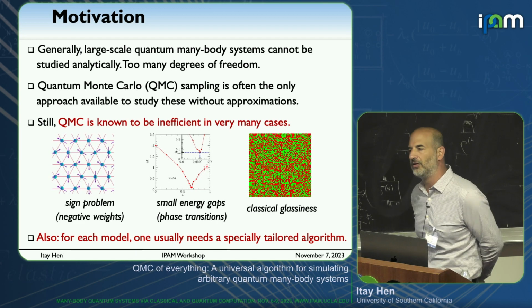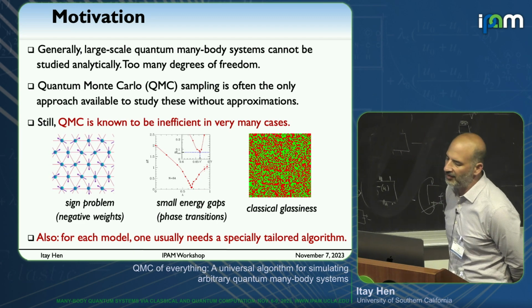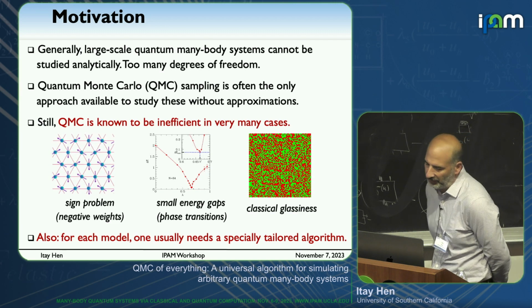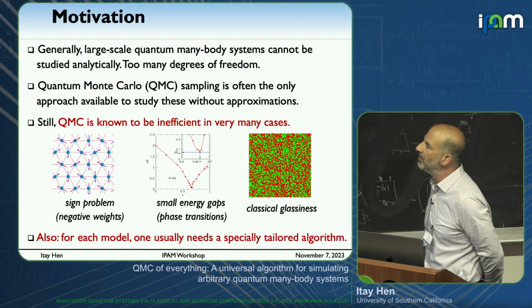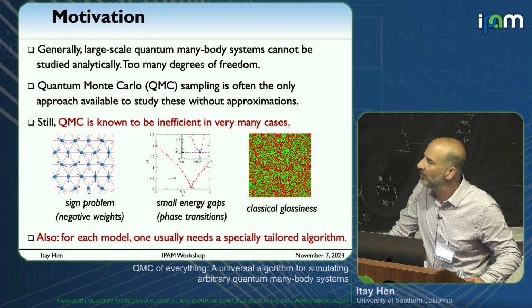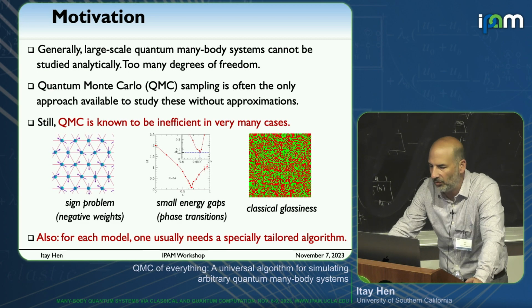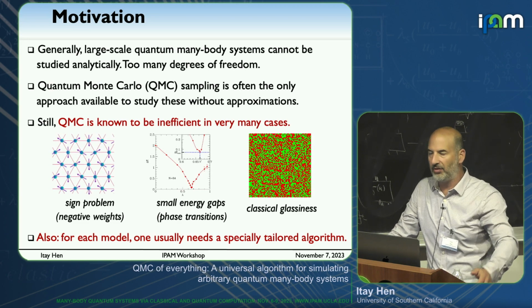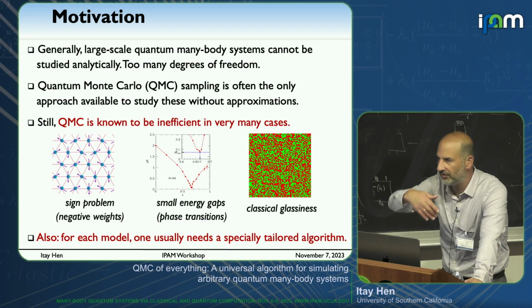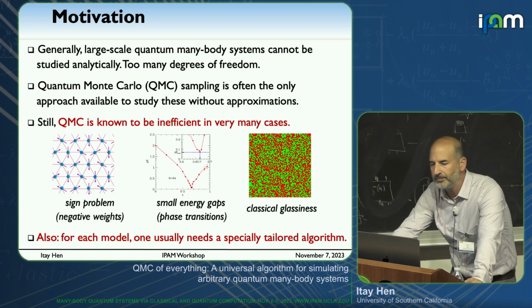And so we either go to approximation methods, tensor networks or whatnot, or other simpler ones even. But mostly if we want to study those systems without approximations, we go to stochastic methods like quantum Monte Carlo, where we basically sample the configuration space rather than calculate analytically the partition function or whatnot.